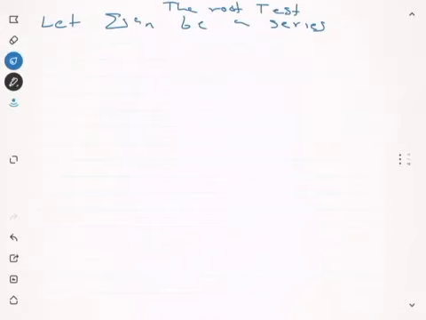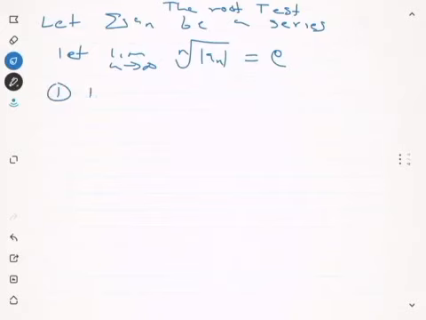Okay, there is this root test that says let a_n be a series and let the limit as n approaches infinity of the nth root of a_n in absolute value be equal to some number rho. Same properties.